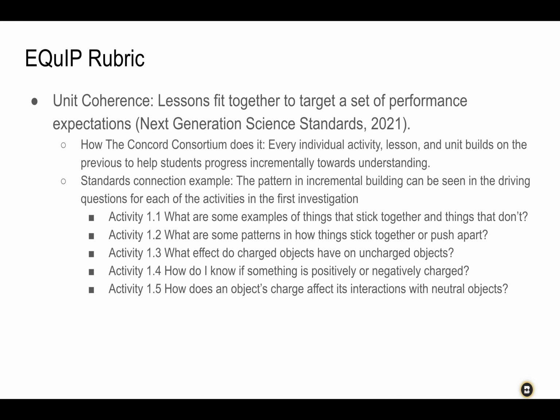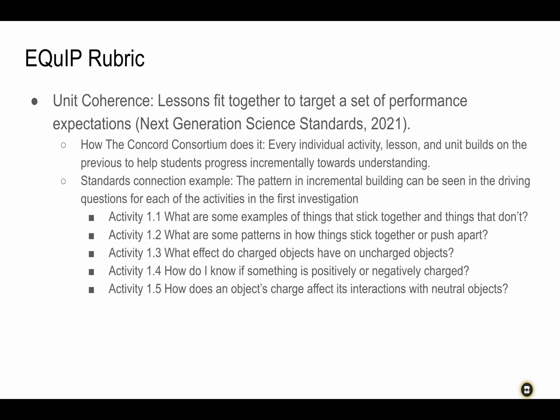We start with: what are some examples of things that stick together and things that don't. Then once we understand that some things stick together and some don't, we develop some patterns about why. What are some patterns? So now we're not just looking at different things, but trying to figure out why. What is the data? Why are some things sticking together and not?